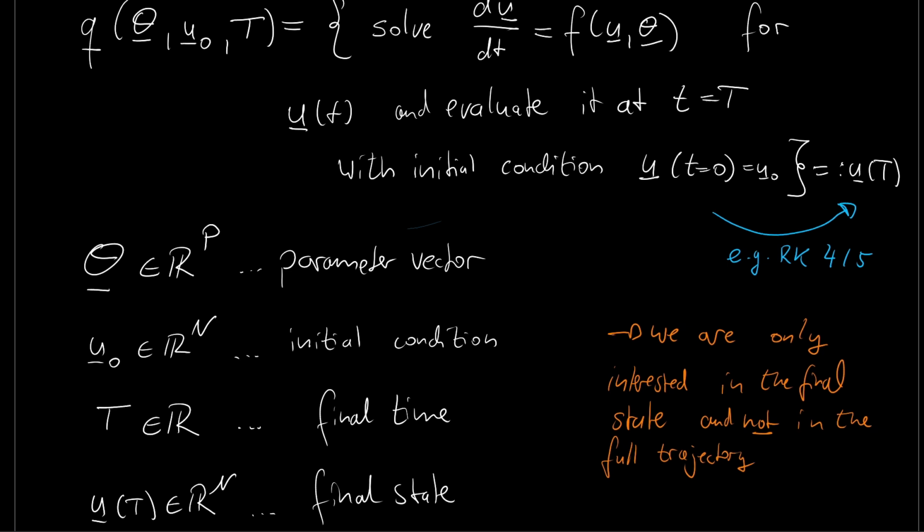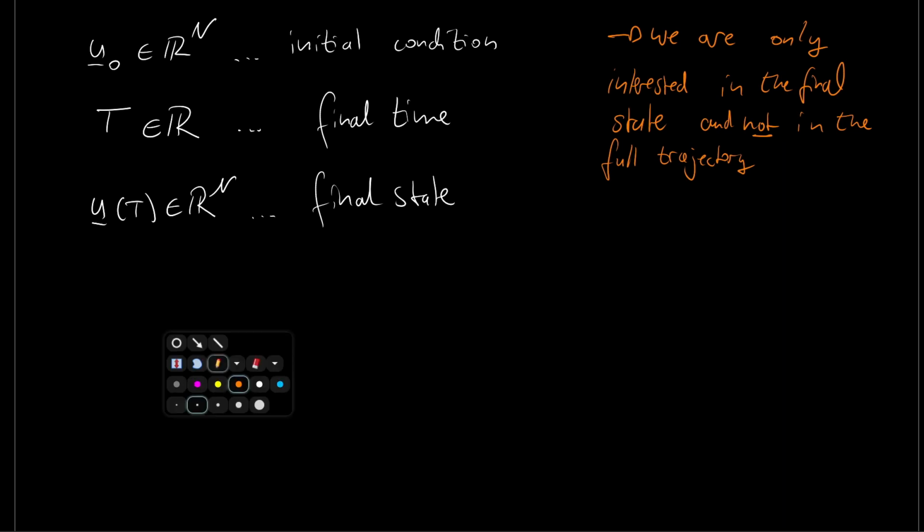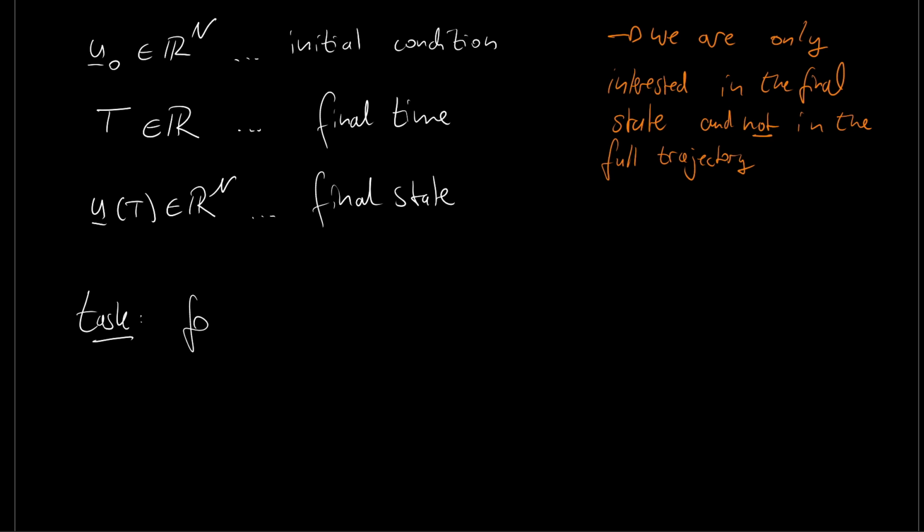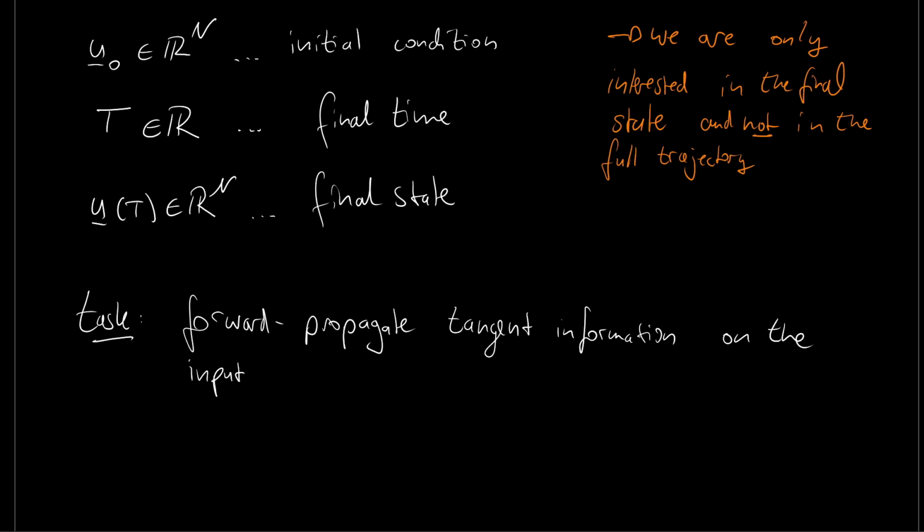Now for this video, we are interested in propagating tangent information. So this means the task of what we want to derive is a rule to forward propagate tangent information on the input, and the input to our function is parameter vector theta, for which we now have a tangent version. I want to denote it with a dot on top, which will be another p-dimensional vector.